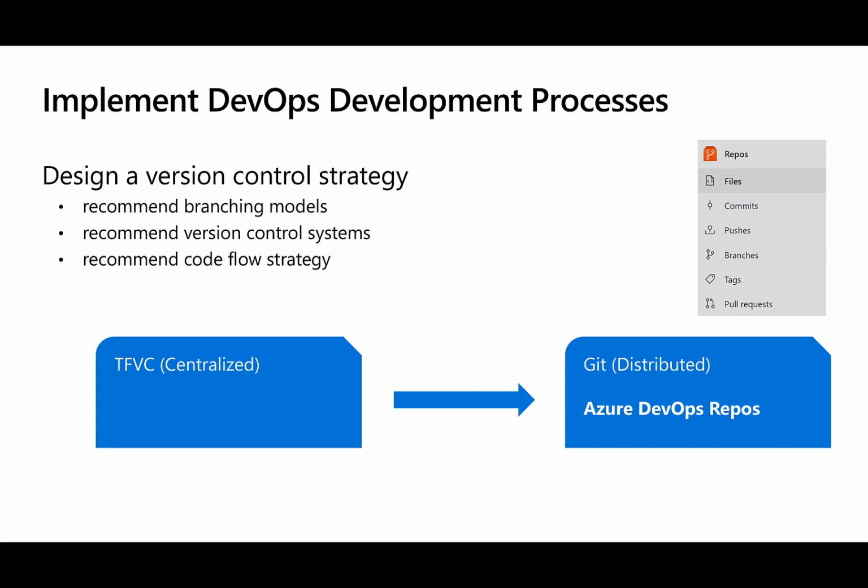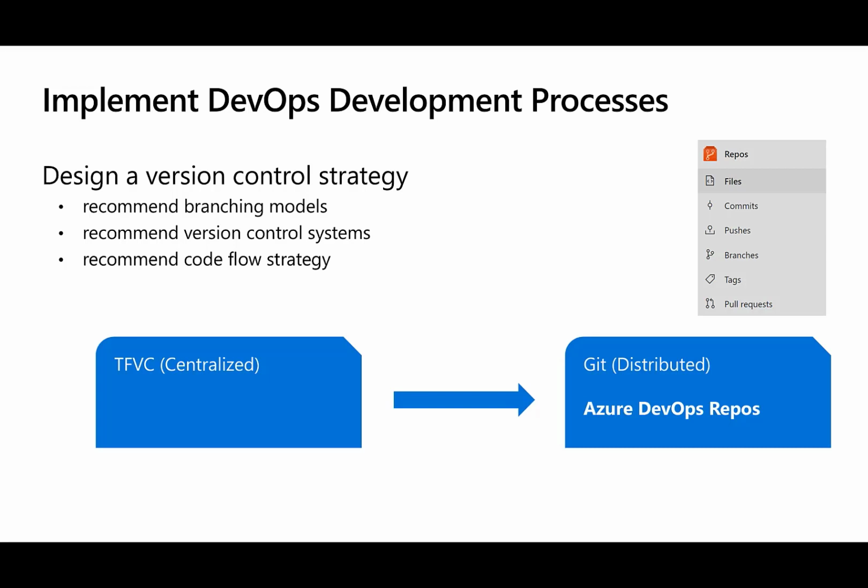The first message is that in the overall DevOps concept, we typically detect 2 different scenarios. A long time ago, a centralized repository that we called TFVC, Team Foundation Version Control.